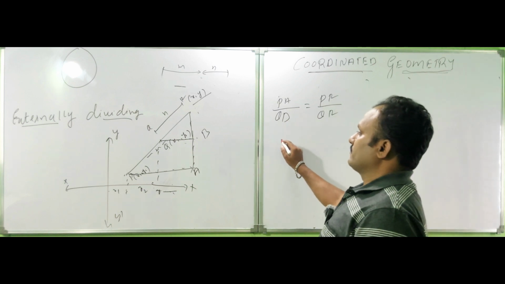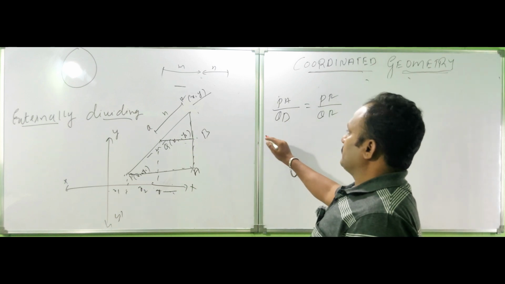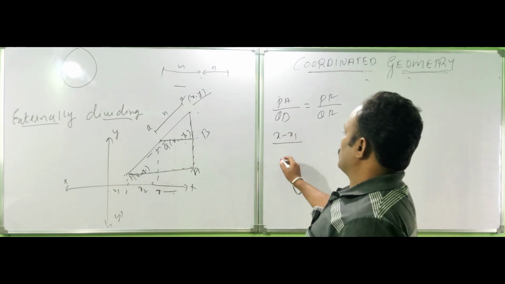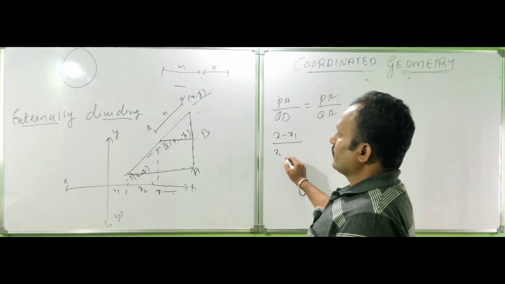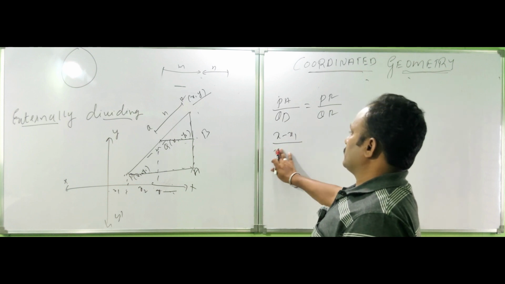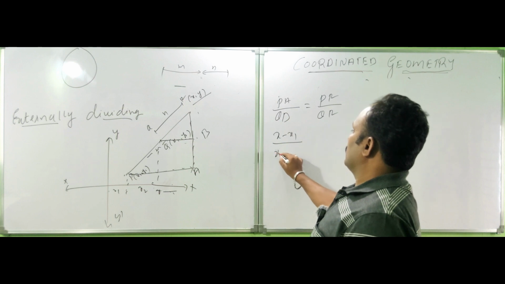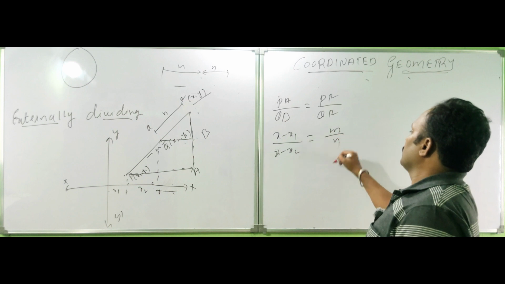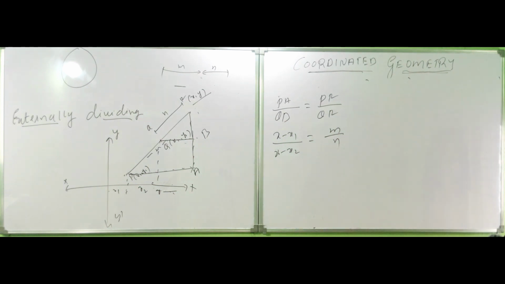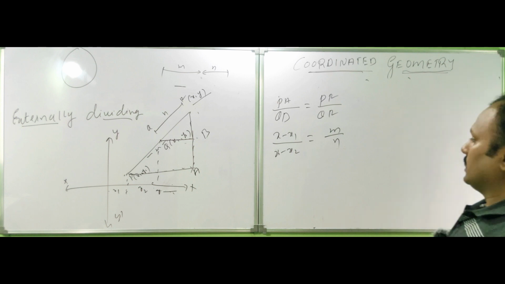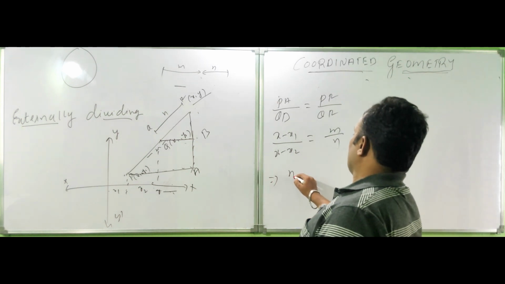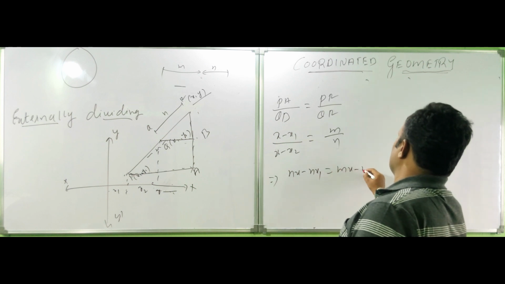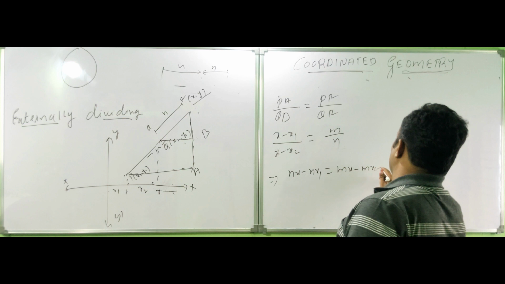PA is x minus x1 divided by x minus x2, which is equal to m by n. In this simplification, nx minus nx1 is equal to mx minus mx2.